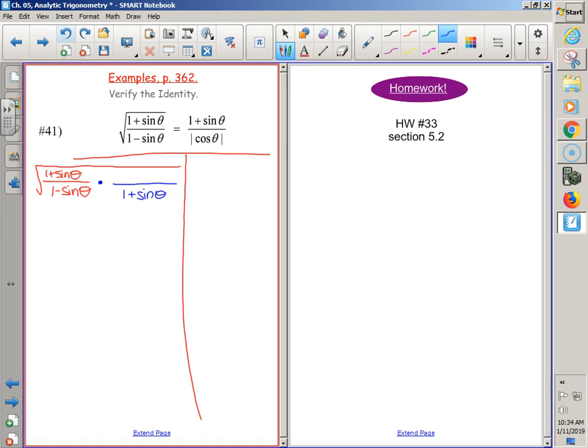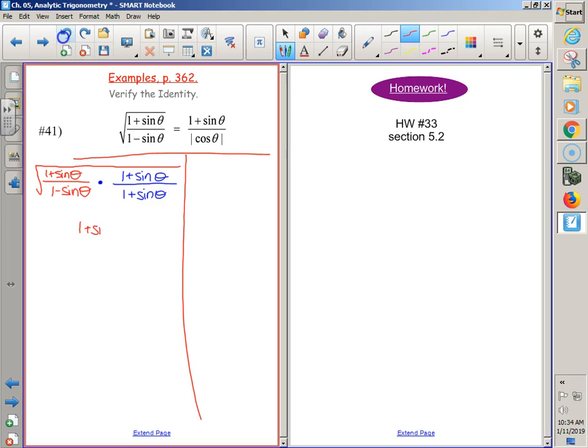Or I want a 1 plus sine, which can only come out of a square root if it's squared, but it will only be squared if it's multiplied by itself. There's a couple different ways of looking at it. I can't square, but I can multiply top and bottom by something. I'm totally cheating, but in a totally legal mathematical way. I'm seeing what I need, and I'm saying, fine.